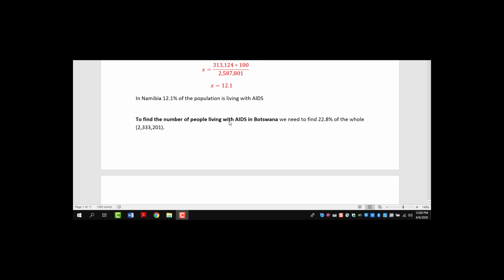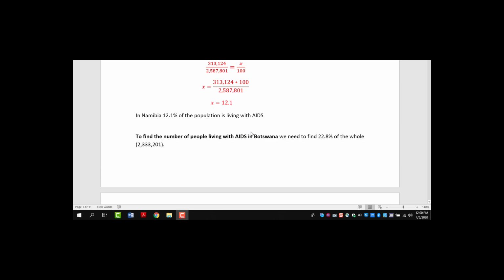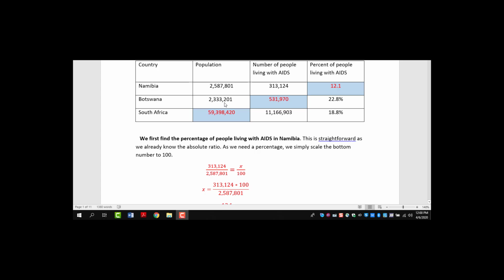To find the number of people with AIDS in Bosnia, this is the second one here, we know the total population and we know the percent living with AIDS. So we're trying to find out how many there are. How do we find that number? This one is really straightforward because it's just 22% of this number.